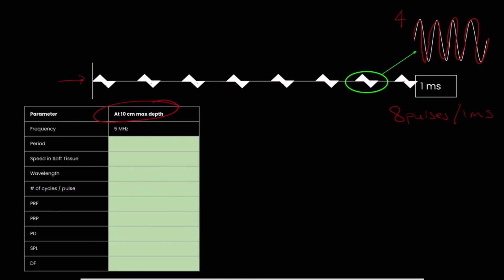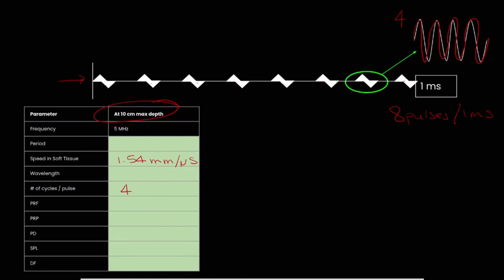Just looking through some of these, we can figure them out very quickly. We're told that this is traveling in soft tissue, so we know our number for soft tissue and we can fill in our constant speed of 1.54 millimeters per microsecond. Also, number of cycles per pulse, we counted that earlier, so we can fill that value in as well.